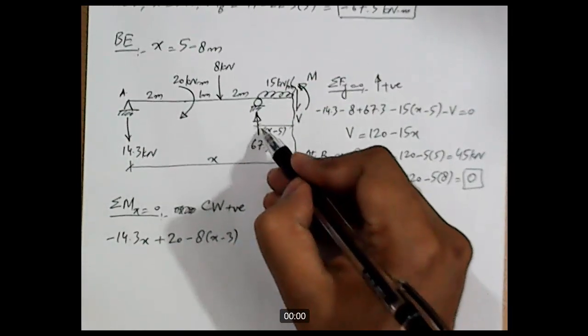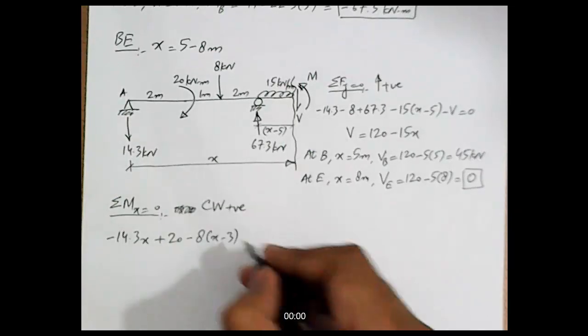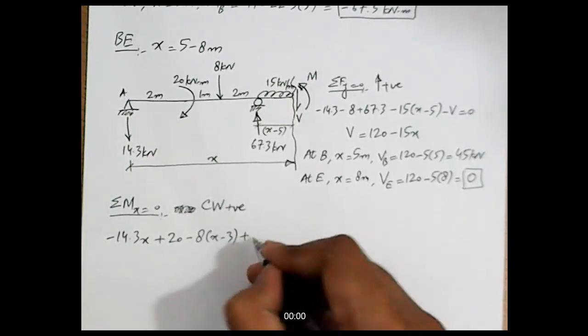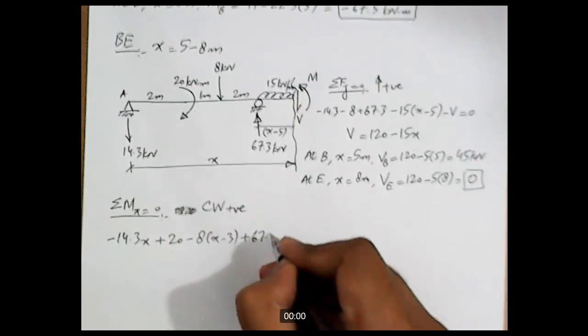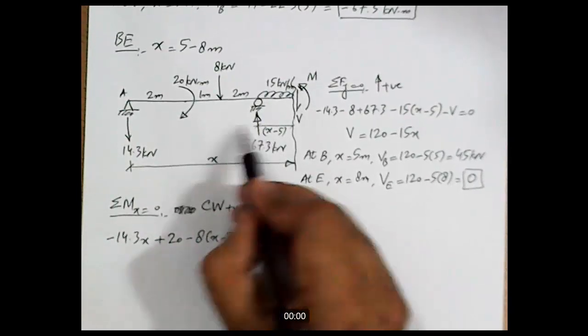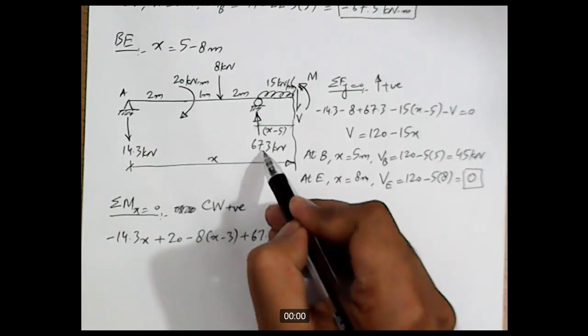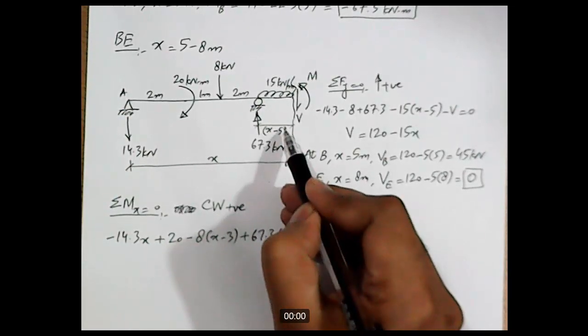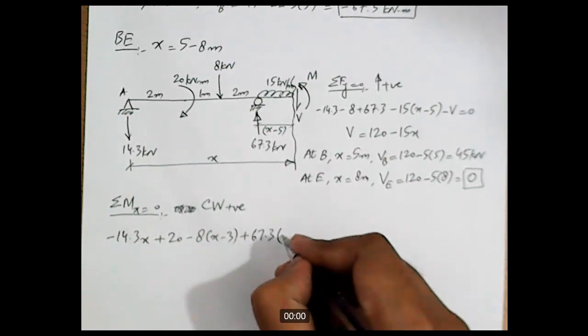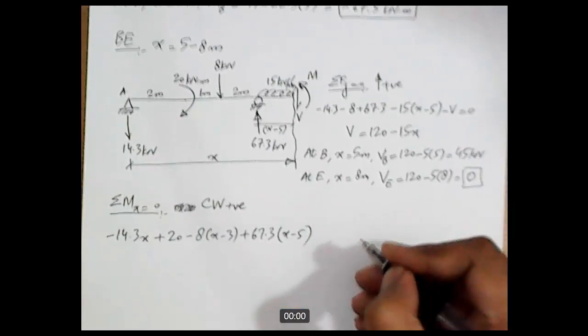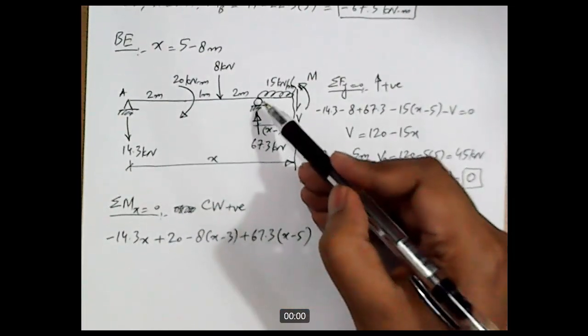And then we have this reaction, it will produce clockwise movement, so positive 67.3, and this distance is x minus 5, so 67.3 into x minus 5. Now what else is left? This UDL.